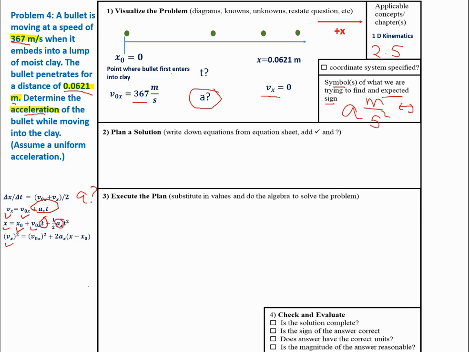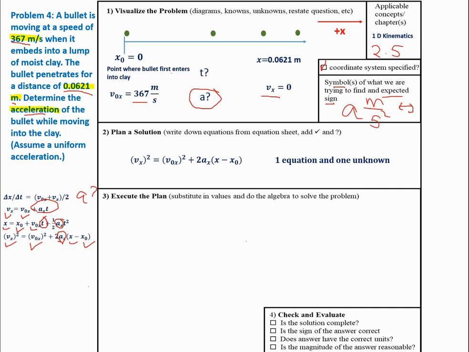We know the final velocity and the initial velocity, and we are solving for the acceleration, which is the unknown. And we know the final position and the initial position. That sounds good. We have just one unknown and one equation, so that's the equation we are going to use.